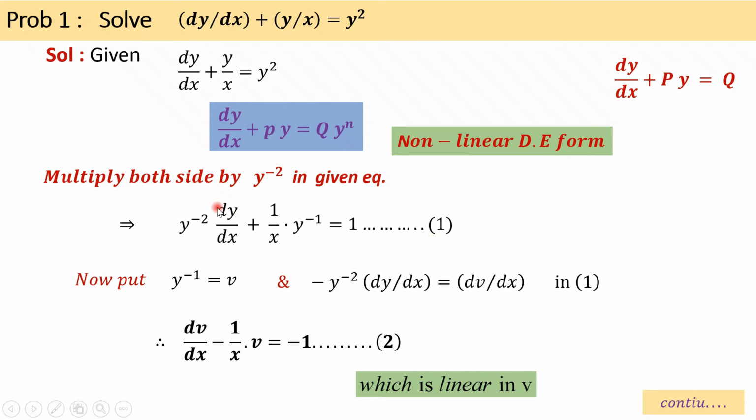Now, to make the coefficient of dy/dx equal to 1, put y^(-1) = v. Whenever we differentiate it, we get -y^(-2) dy/dx = dv/dx.